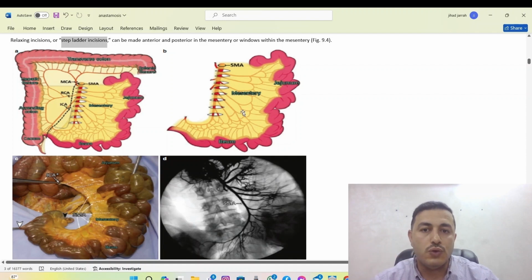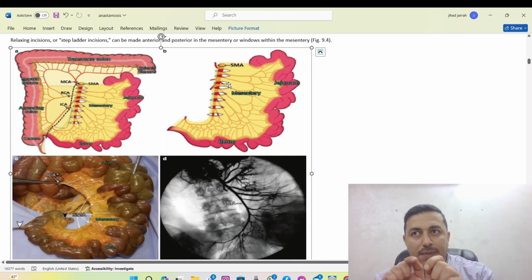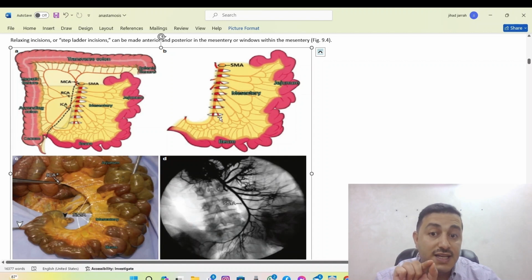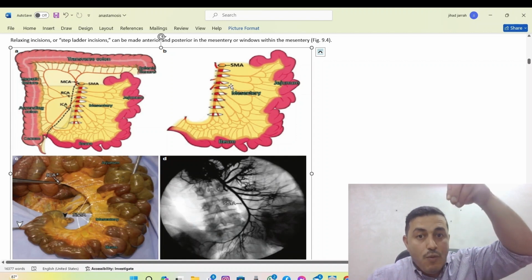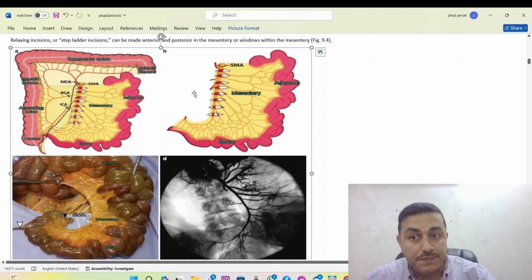Plus, you can see in picture P that we made transverse incisions. A light can help us by transillumination to see that we do not reach the jejunal or ileal branches. These are called relaxing incisions, which give us more length for the bowel.